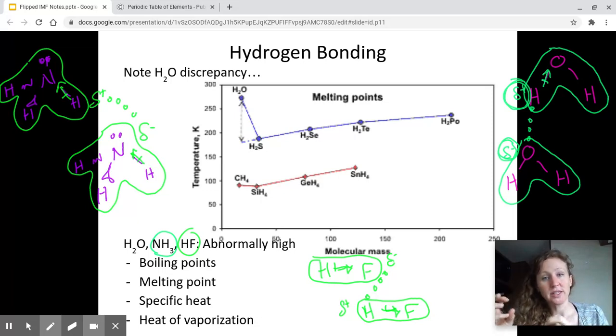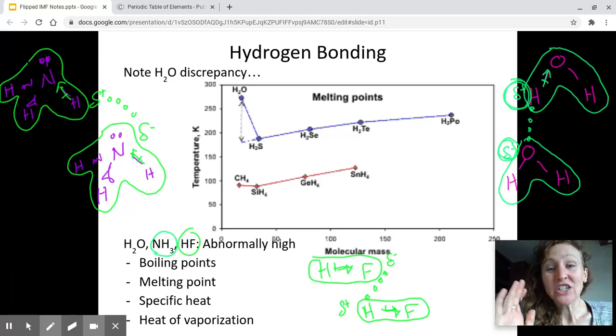And within the molecule itself, you have to have a hydrogen and then oxygen, nitrogen, or fluorine within the molecule itself. Okay, so all of that to say, it results in extremely large, extremely strong intermolecular forces.